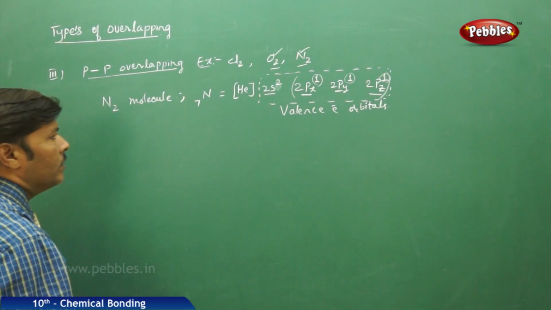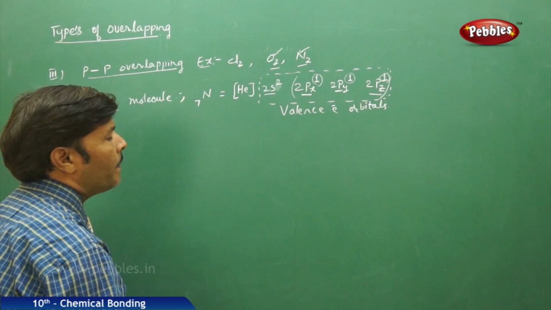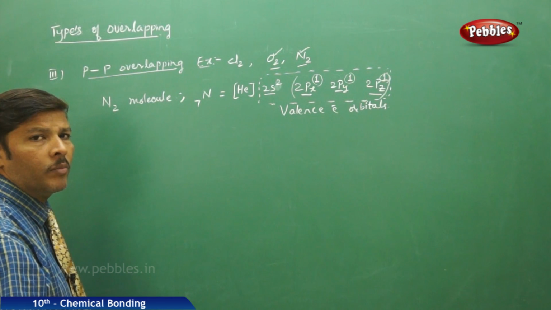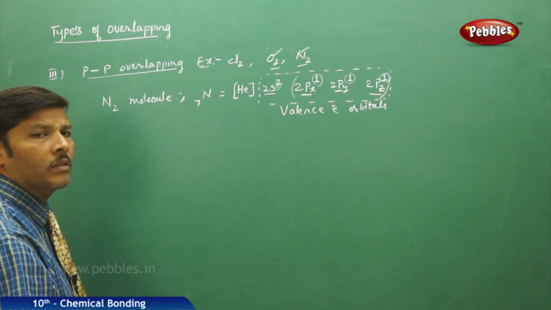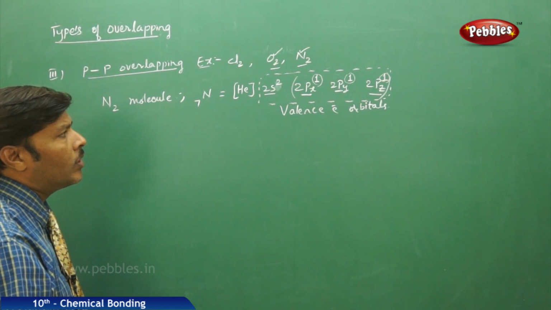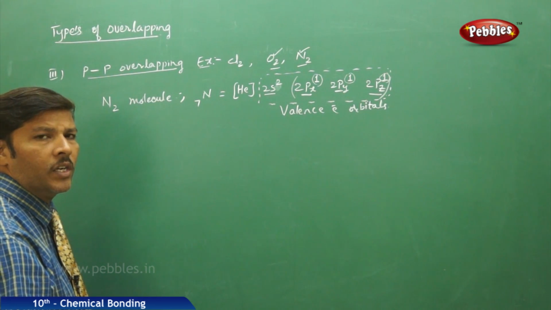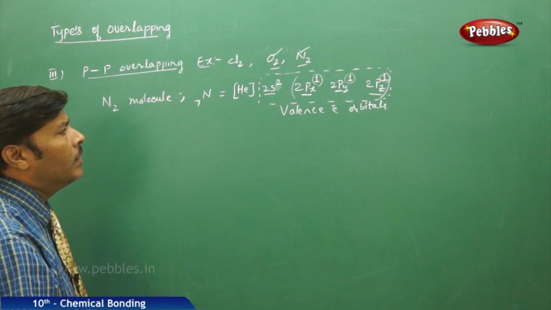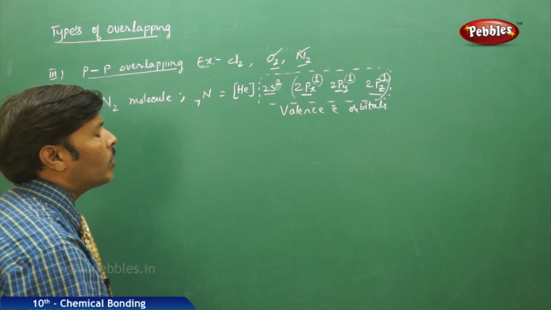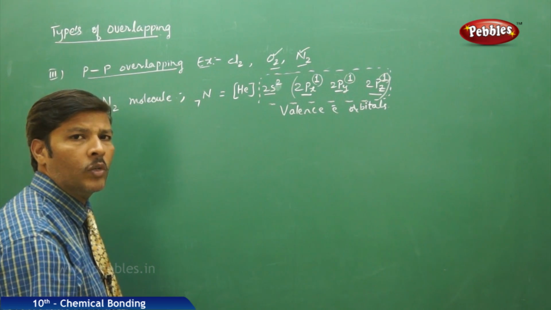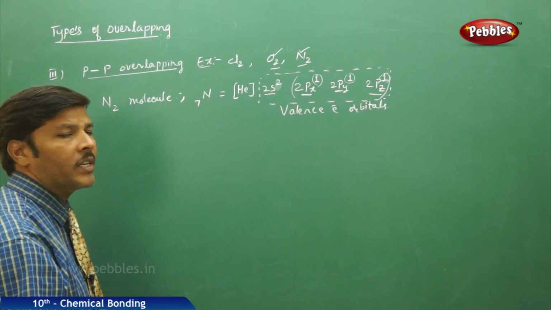So take those three 2px, 2py and 2pz atomic orbitals which have unpaired electrons between two nitrogen atoms. These three p atomic orbitals, which are degenerate belonging to the same sublevel, have opposite spins between two nitrogen atoms, and this opposite spin electron is shared equally between the two nitrogen atoms, and the overlapping takes place.